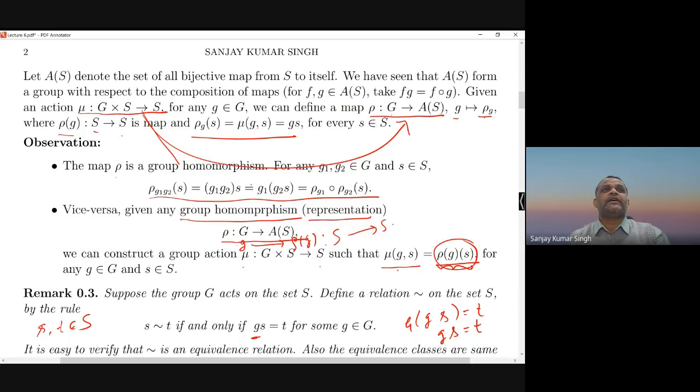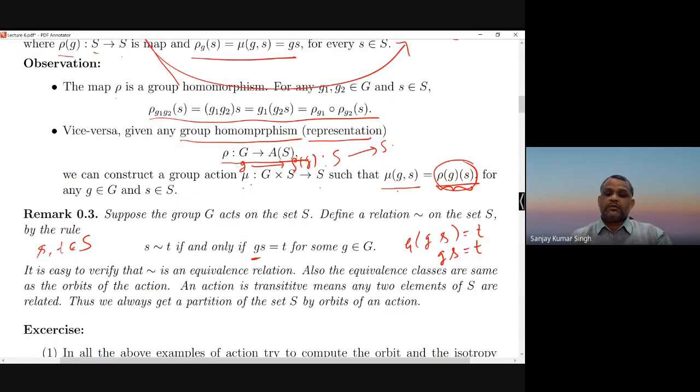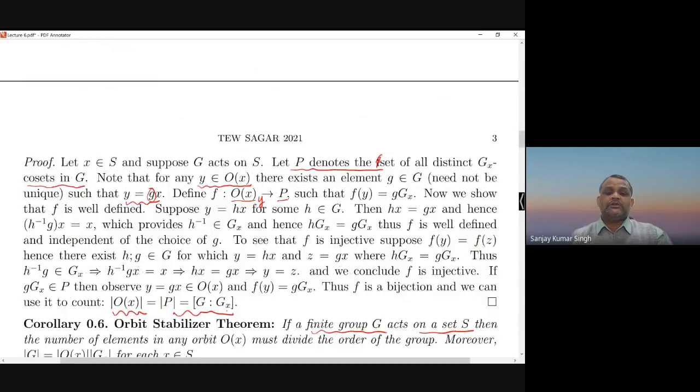Or if you have any finite group of order n, then I can always embed this group inside the permutation group of n symbols. So yes, now if you have any question you can ask.